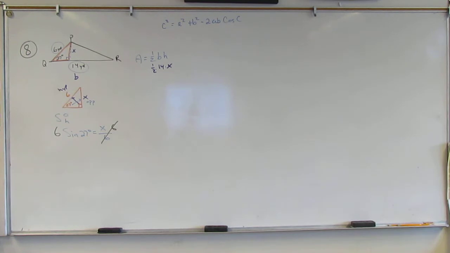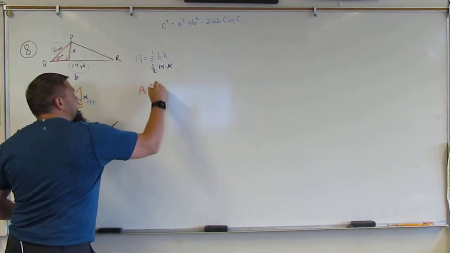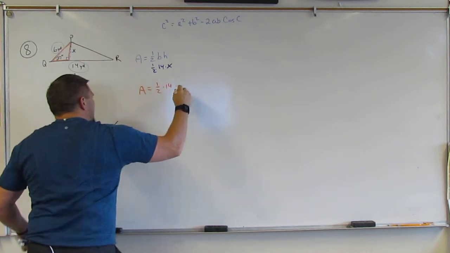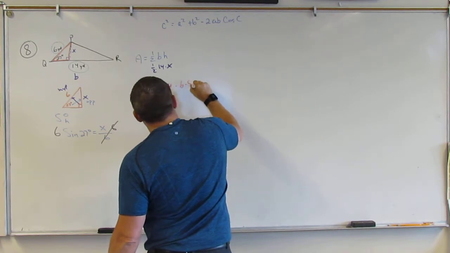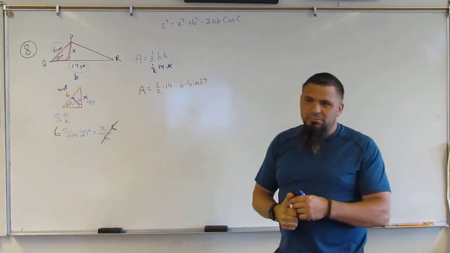And the beautiful part is, if I want, I could just plug that in. The area is equal to 1/2 times 14 times 6 times the sine of 27. Right?